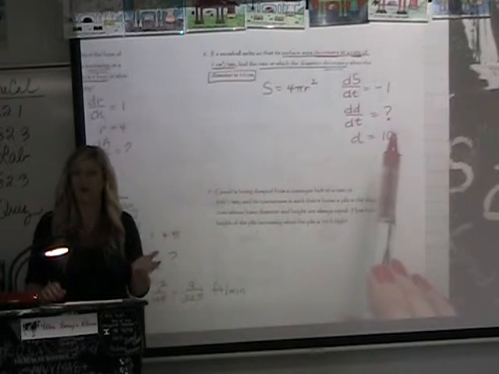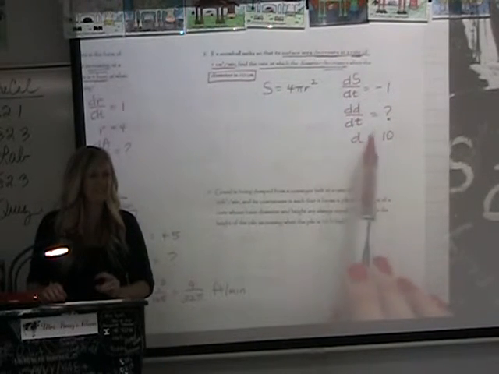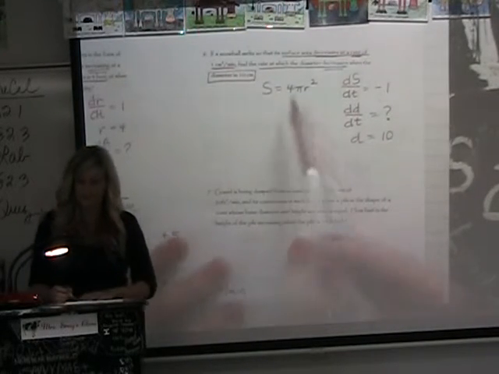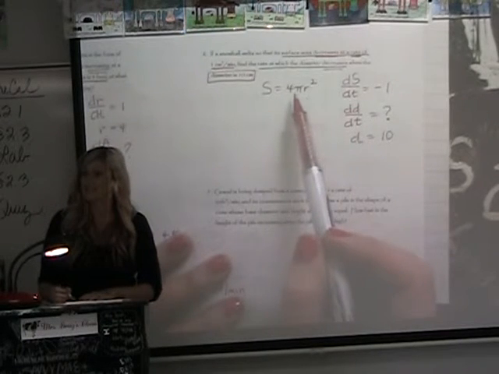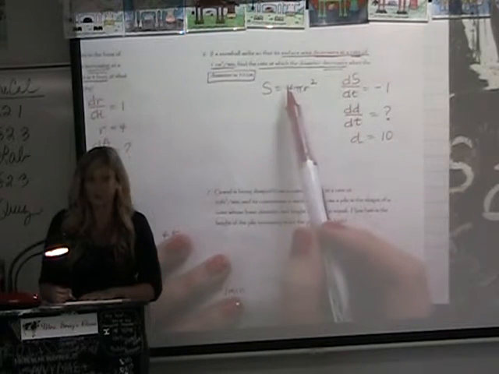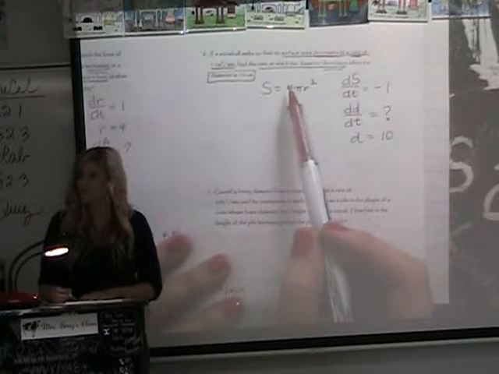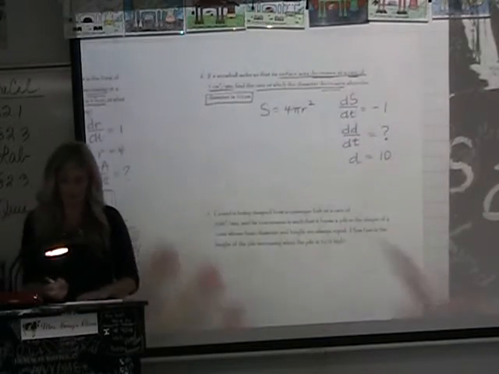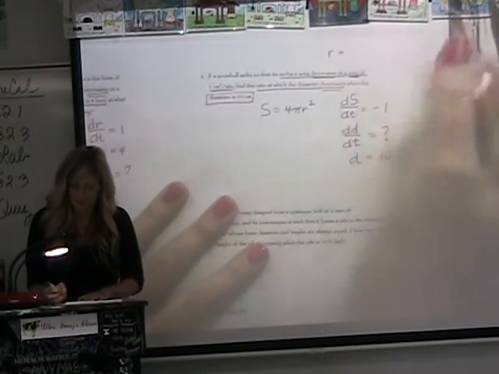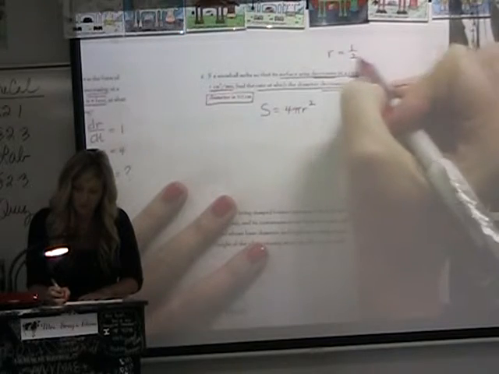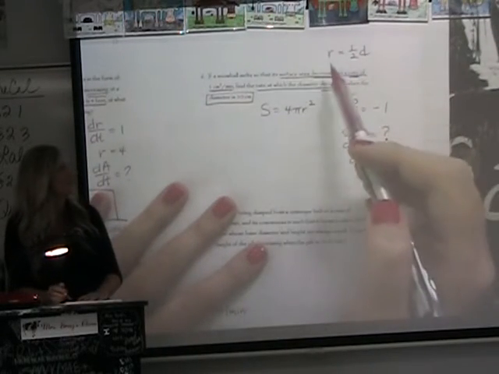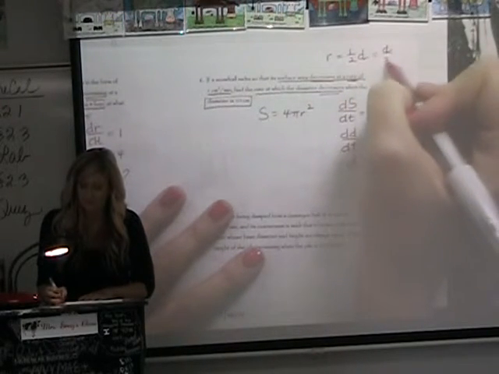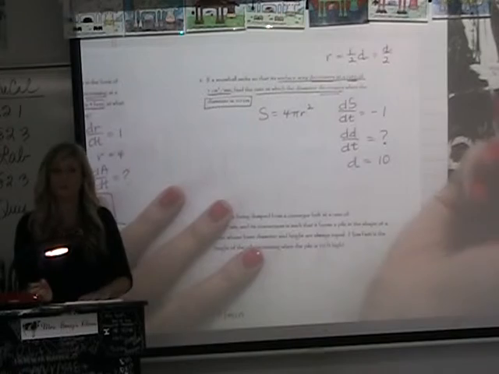I could find r, but dr by dt I'm not really sure about. So one way to do it is to change your formula so that instead of involving r, the radius, it involves the diameter. How does the radius relate to the diameter? Radius is 1/2 the diameter, that's true. So up here at the top I'm going to say radius equals 1/2 the diameter, or D over 2.